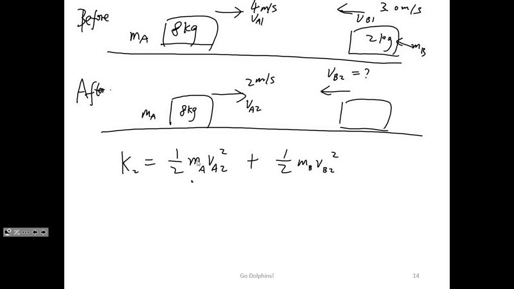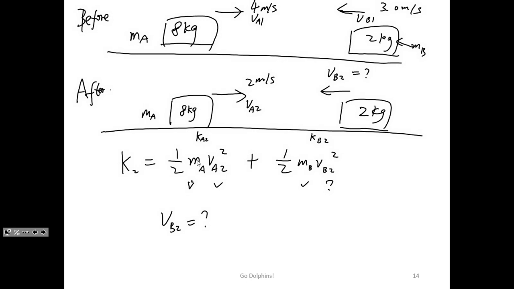This is KA2, KB2. It seems I already know what is MA, 8 kilogram, VA2, 2 meters per second. I know what is MB, 2 kilogram. I don't know this. So it's really about how to find the VB2.